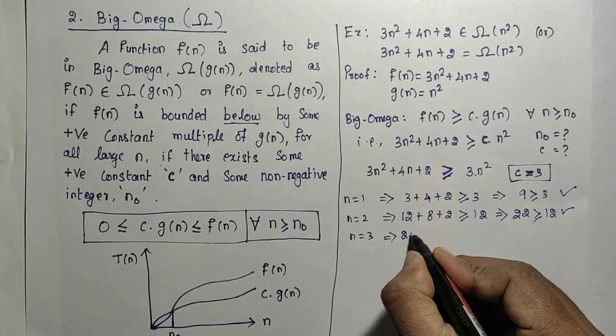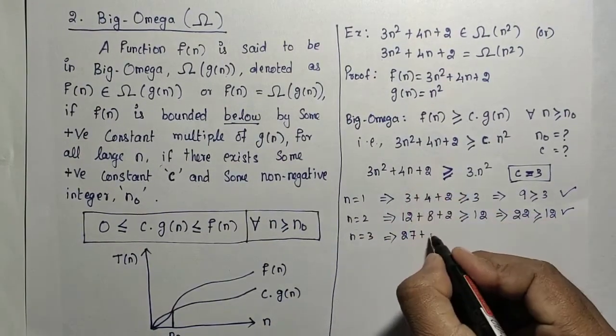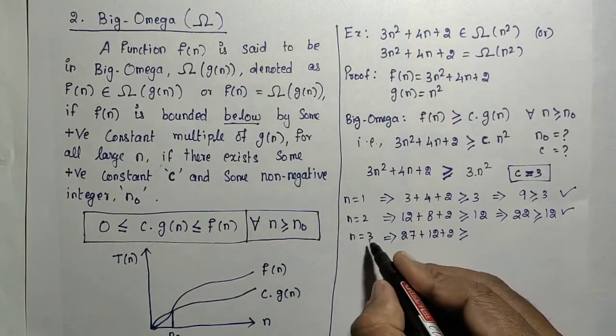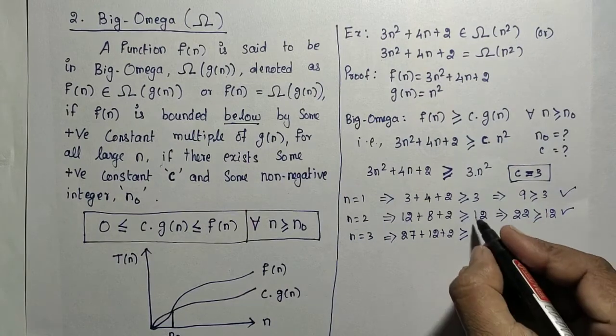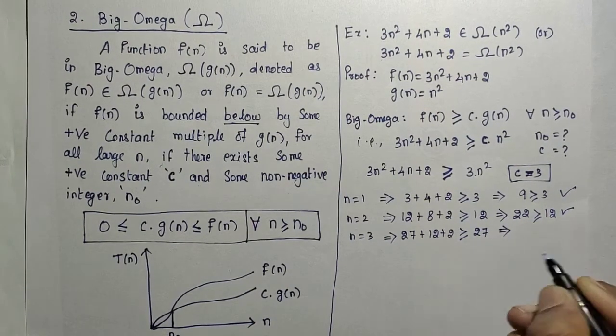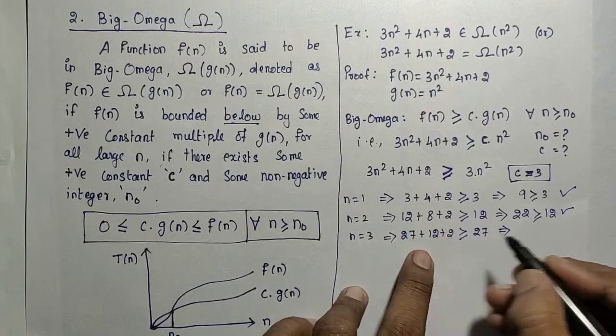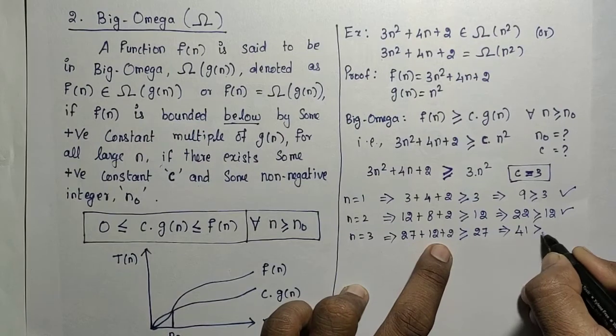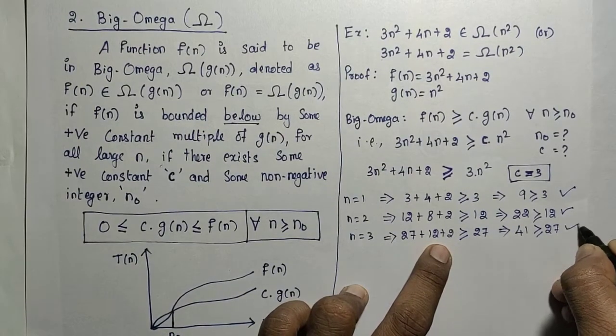3 into 9 is 27, plus 12, plus 2, which is 41, greater than or equal to 9 into 3, which is 27.